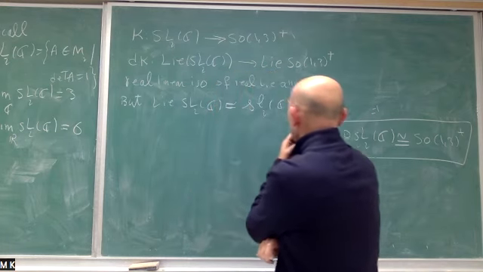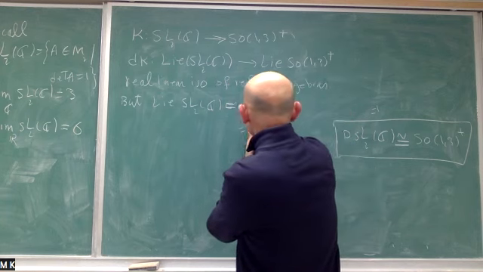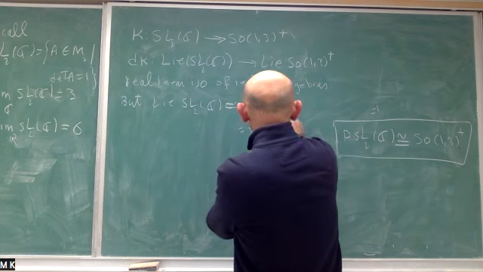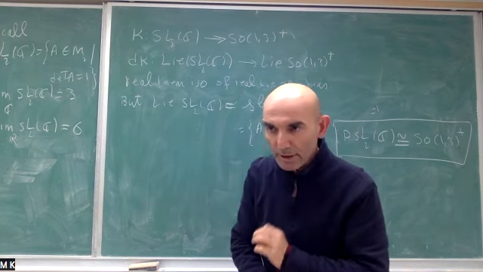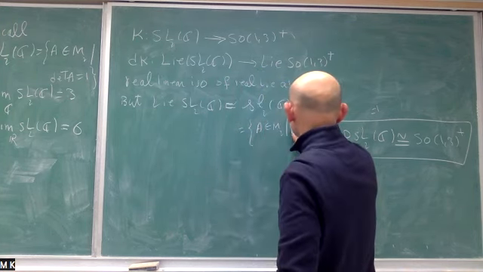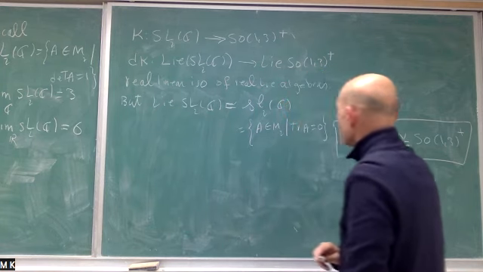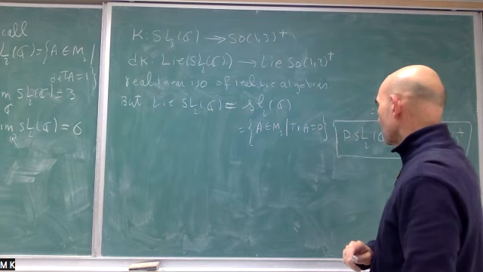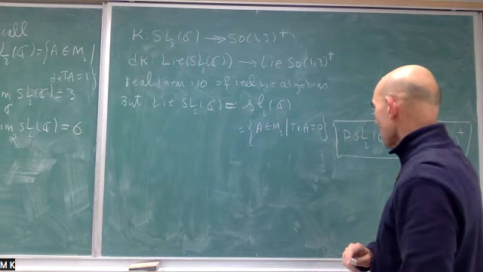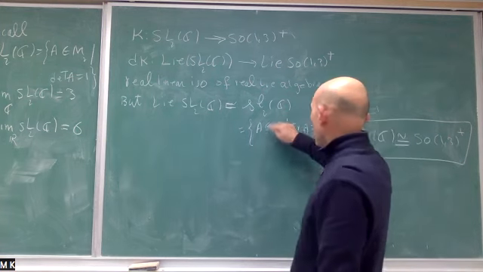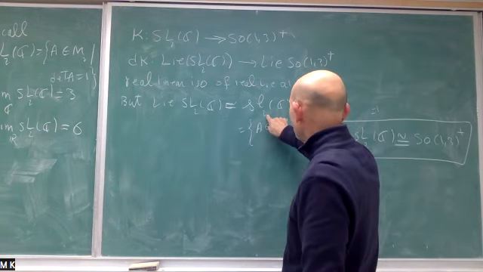So what is that? That's the set of all A belonging to M2(C) whose trace is 0. Trace of A is equal to 0. Okay, so this is a real Lie algebra.